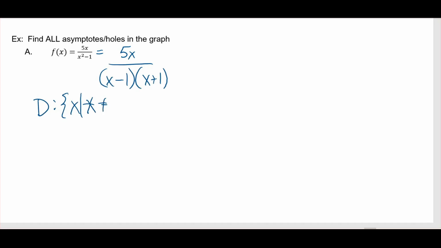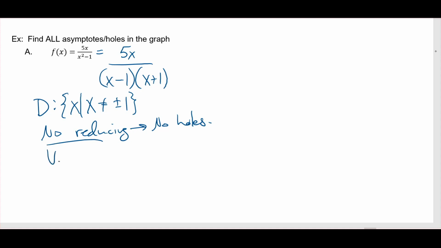So this is x other than plus or minus 1, right? And then we would reduce it. So once we reduce, well, there's nothing to do. No reducing. This means that there are no holes, right? Nothing gets canceled. And further, no reducing meant that both of our domain restrictions are vertical asymptotes.